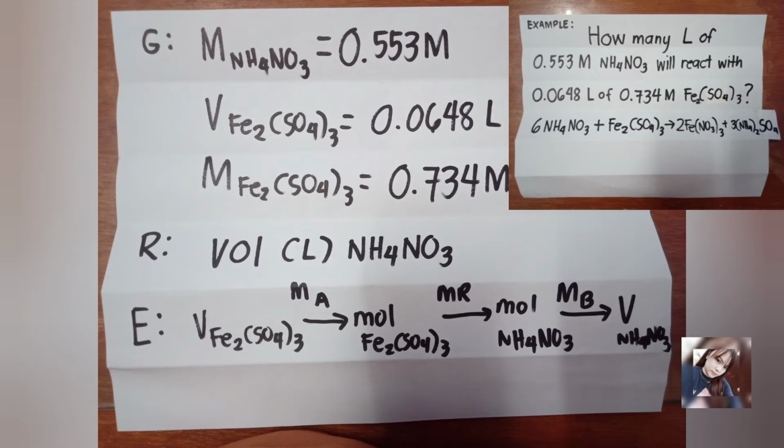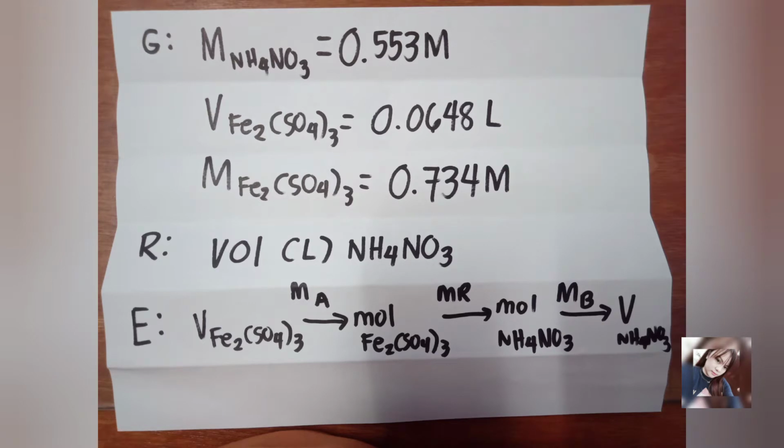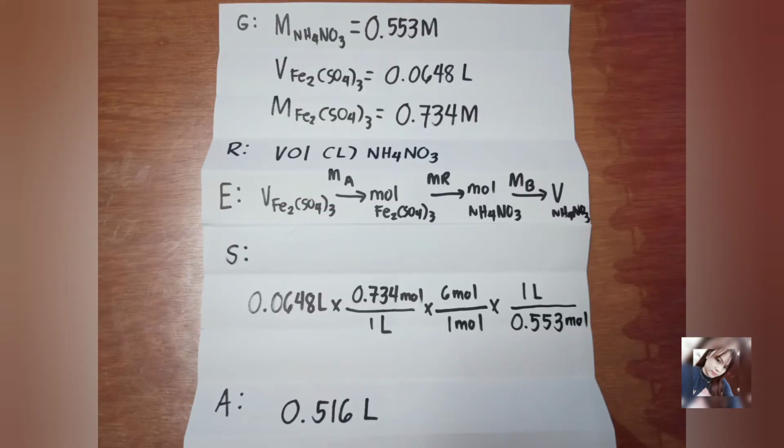Knowing the given and the unknown values, we will have the volume to volume conversion, wherein the volume of ferric sulfate will be converted to the mole using its molarity, and that mole will be converted to the mole of ammonium nitrate using the mole ratio, and that mole will be converted to the volume of ammonium nitrate using its molarity. For the solution, we will substitute the given values to the equation.